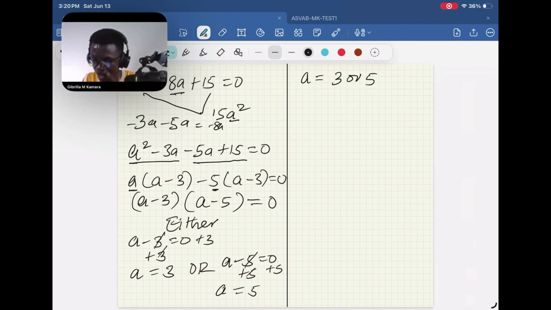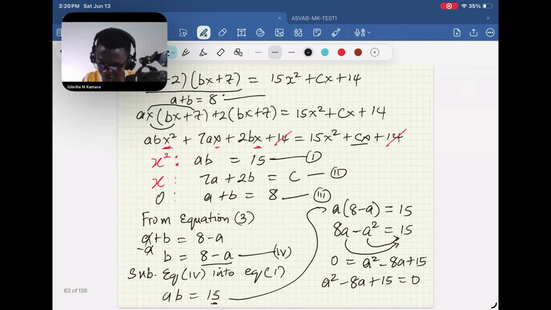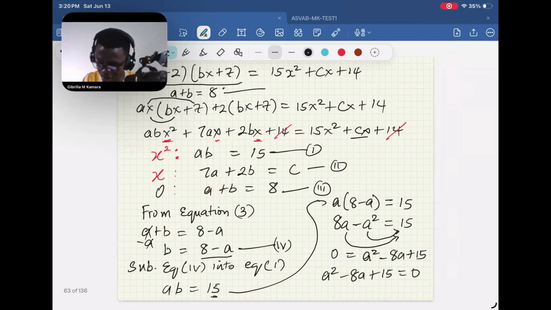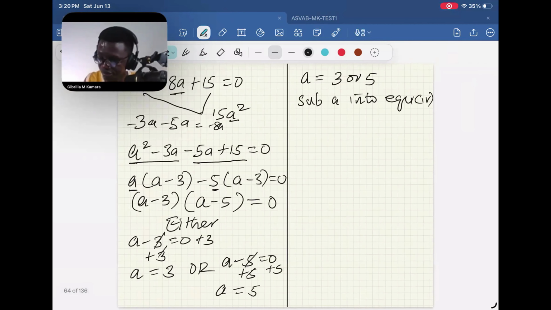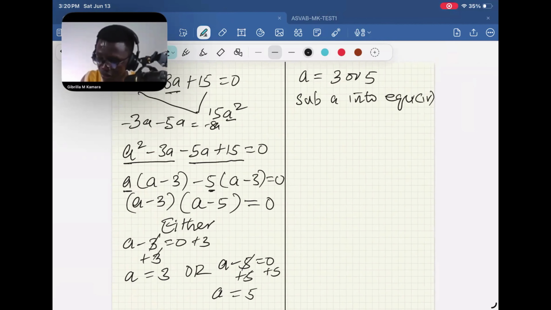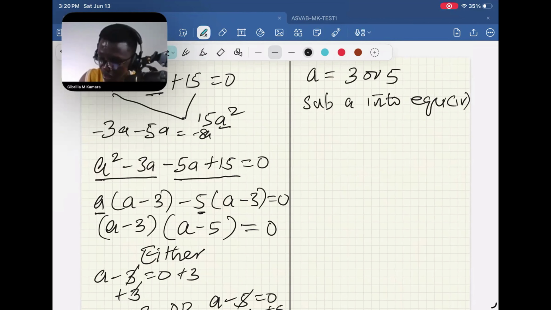Now, if we have that, we can easily get b. Substitute a into equation 4. We know b = 8 - a.